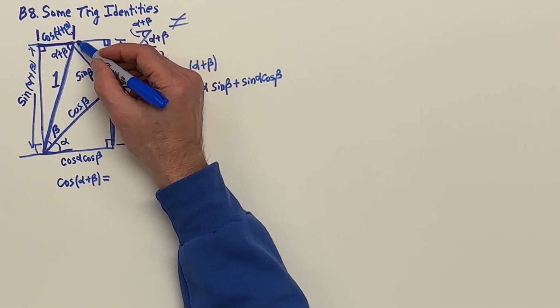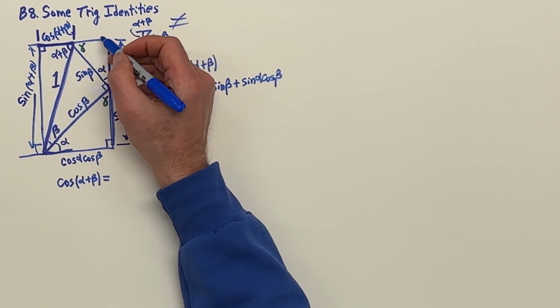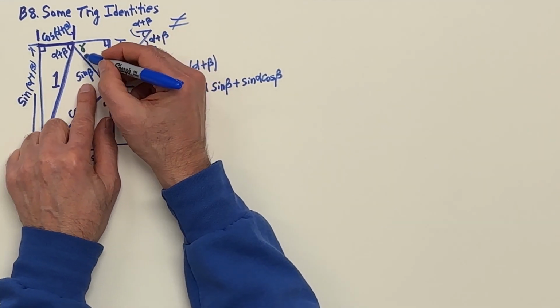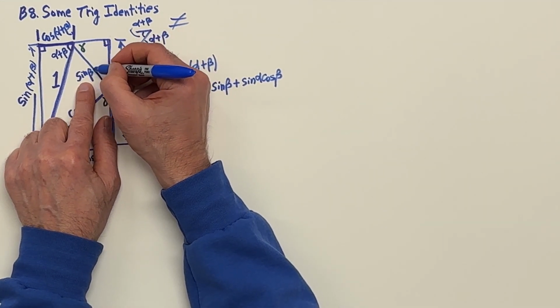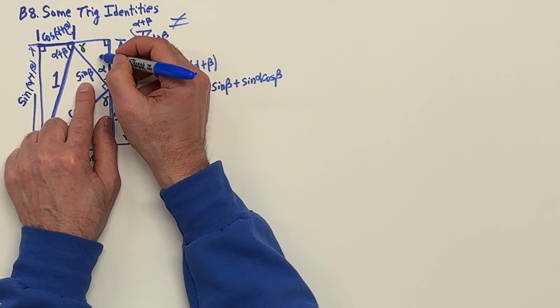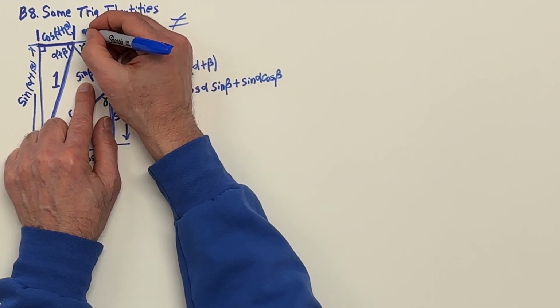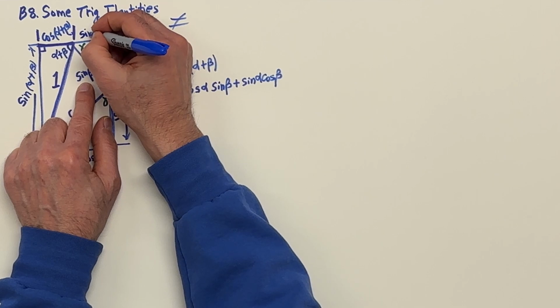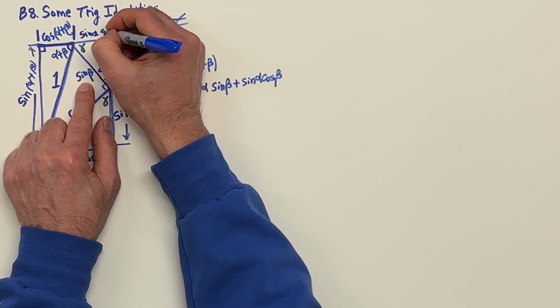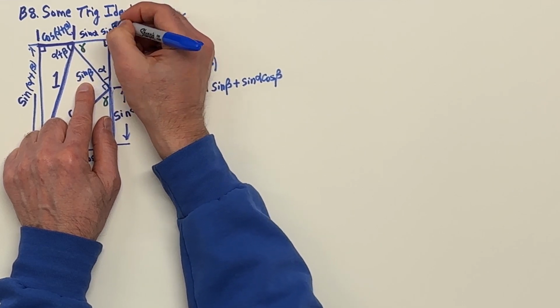Now what about this little piece in here? Well, if you take the hypotenuse, the sine of beta, and this is opposite the alpha one, this is sine of beta, sine of alpha. I'll put the alpha one first. Sine of alpha, sine beta.